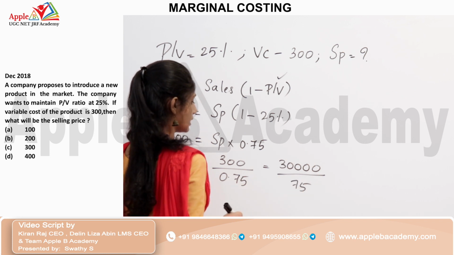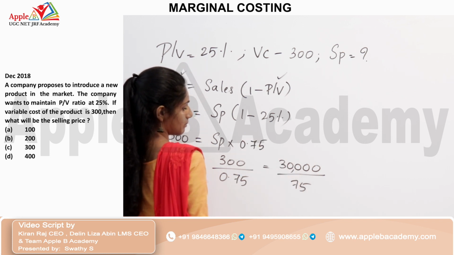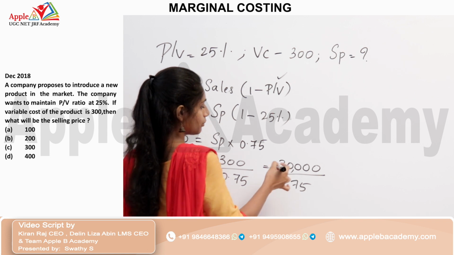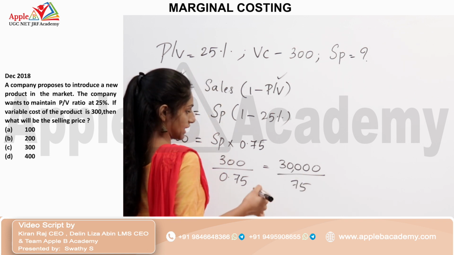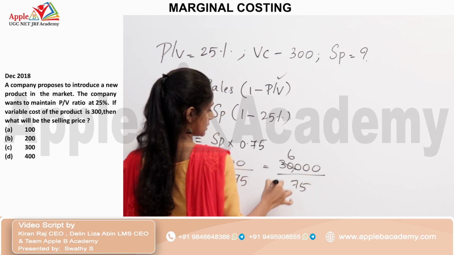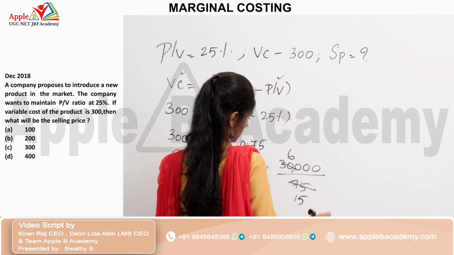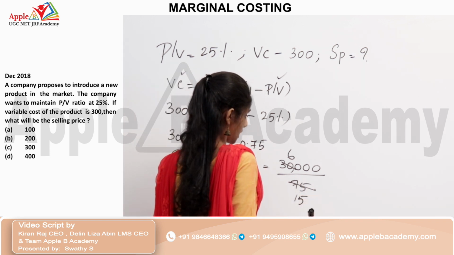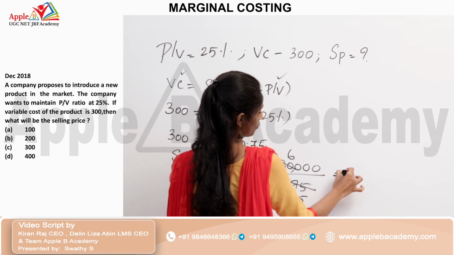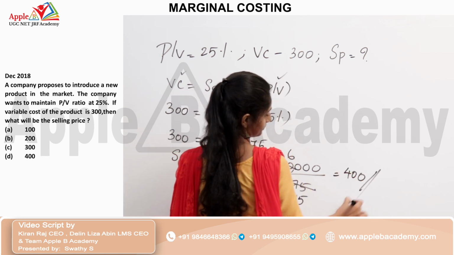Now 5 sixes are 30, 5 sevens are 35, so 6,000 by 50 is equal to 400.